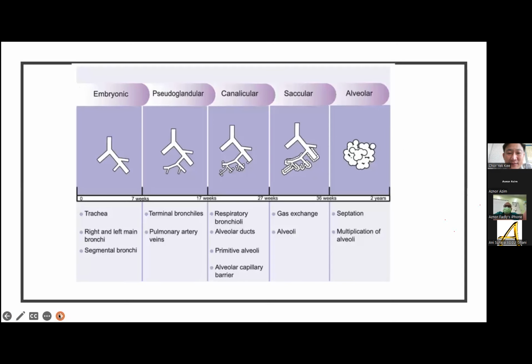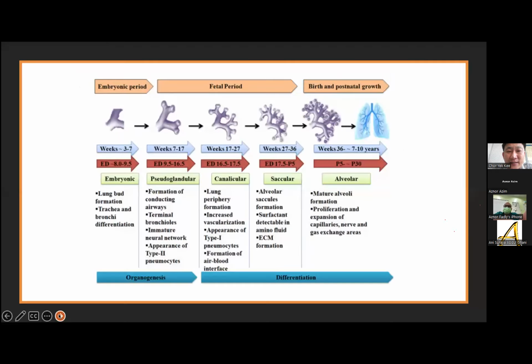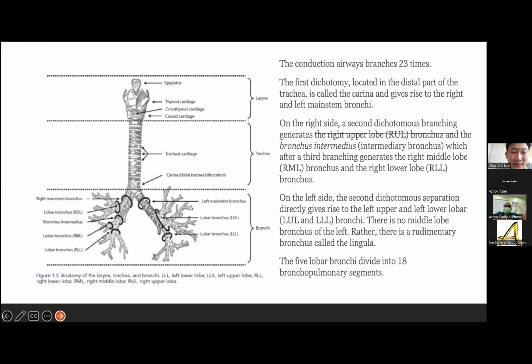Yeah, this one. So just now we have discussed the generation. Each branching will be one generation. The previous slide, yeah.